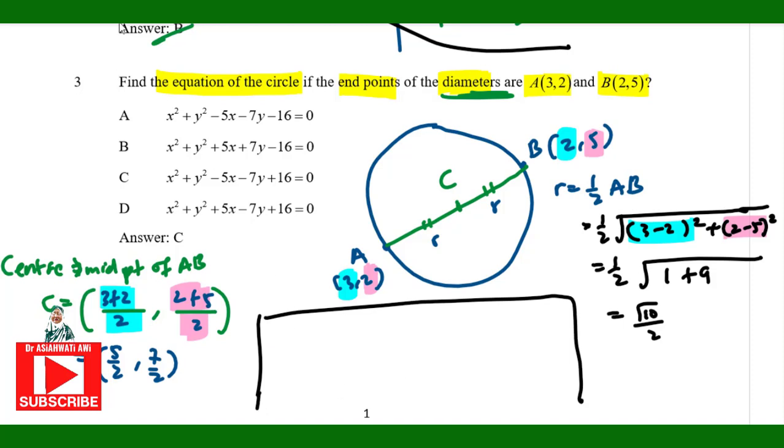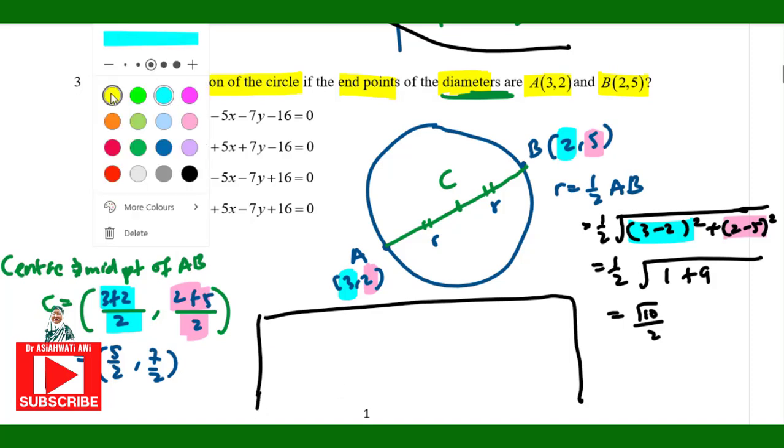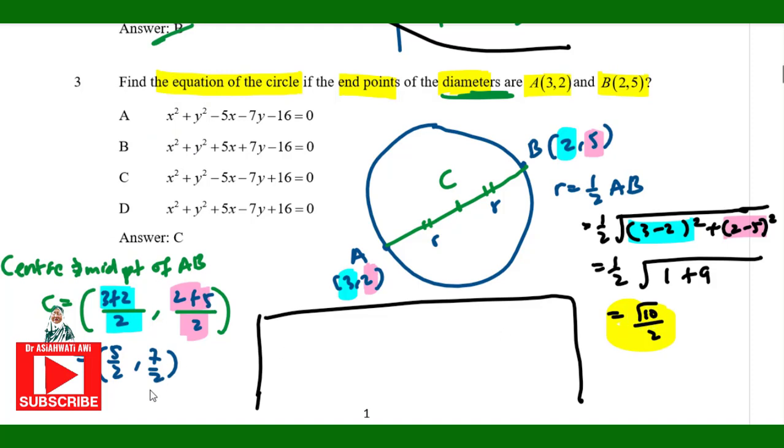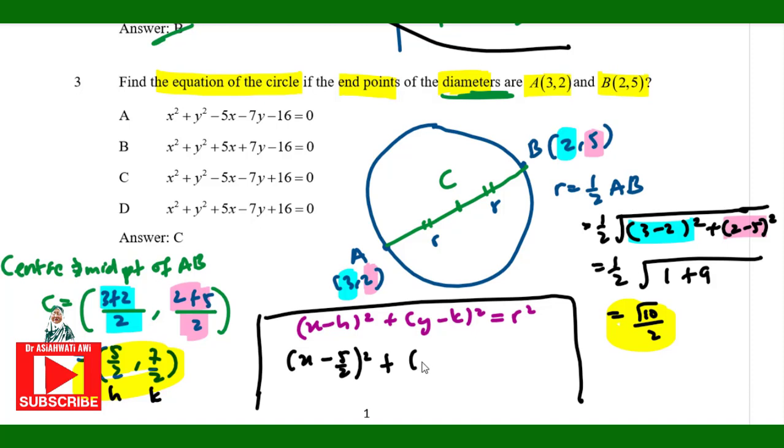Okay, and then this is R. This is the value of R and the center. Standard form is (x minus h) squared plus (y minus k) squared is equal to r squared. Okay, substitute h. This is h. Okay, (x minus 5 over 2) squared plus (y minus 7 over 2) squared is equal to 10 over 2.